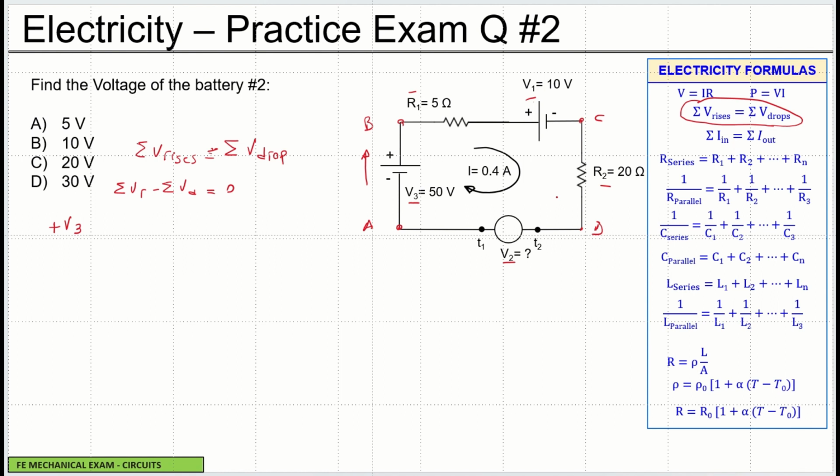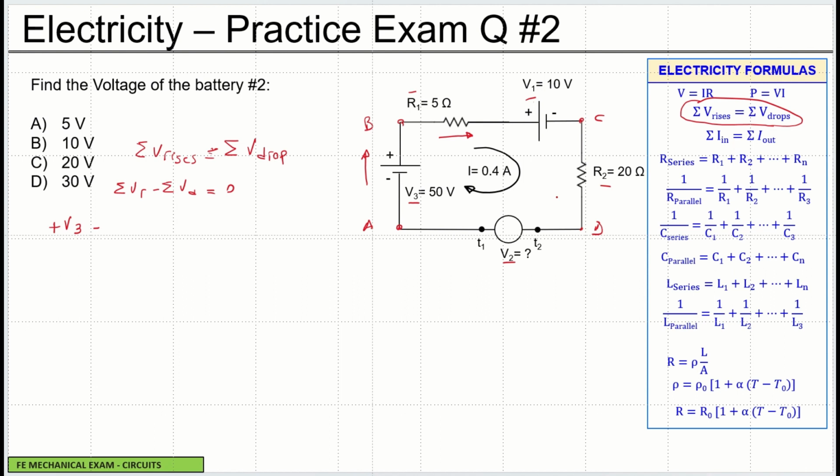Then when I go from B to C, there is a resistor that is going to drop, because when I go from left to right, in the same direction of the current, it's a voltage that drops.